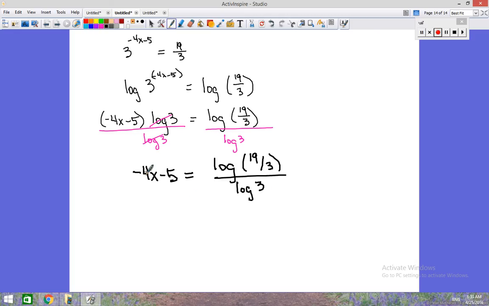All right. Let's get this variable by itself. Two-step equation. We'll add 5 and then divide by -4.